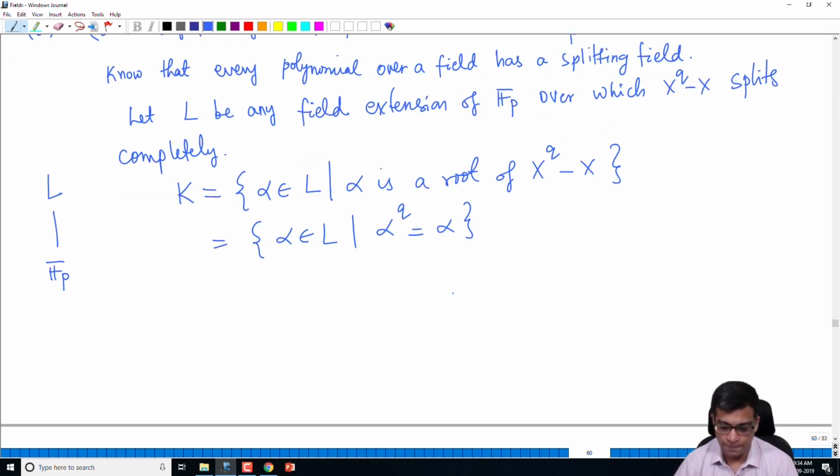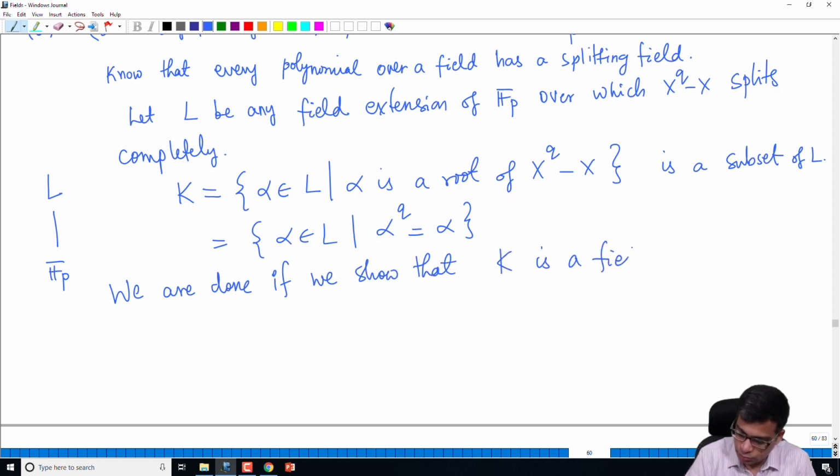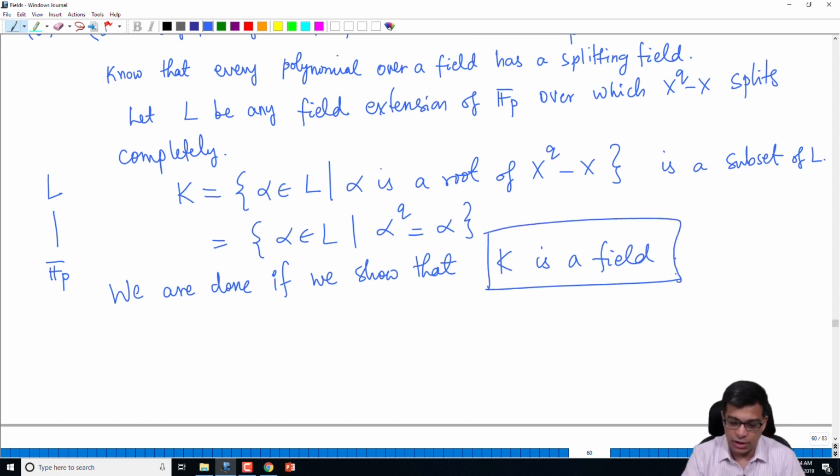What do we need to show? K is a subset of L now. We get what we want if we show that K is a field. If K is a field, we also need to show that it contains q elements.